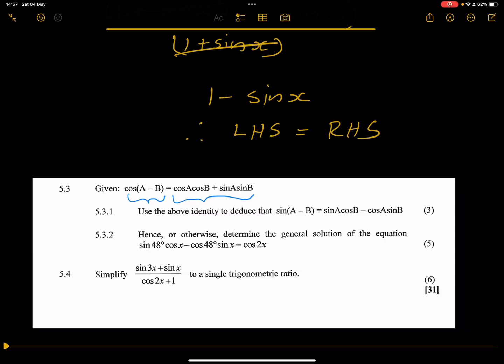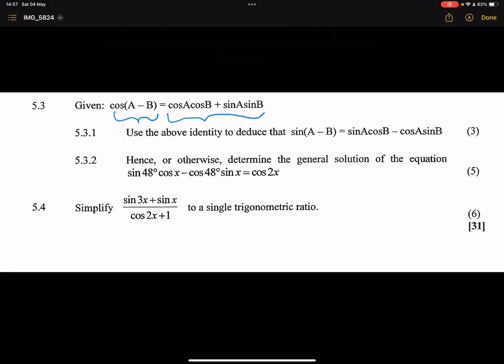Okay. Right. In the next question, they say, hence or otherwise, determine the general solution of the equation sine 48 cos x minus cos 48 sine x is equal to cos of 2x. Now, what I want you to note is that, can you see that my 48 now becomes A and x becomes my B?